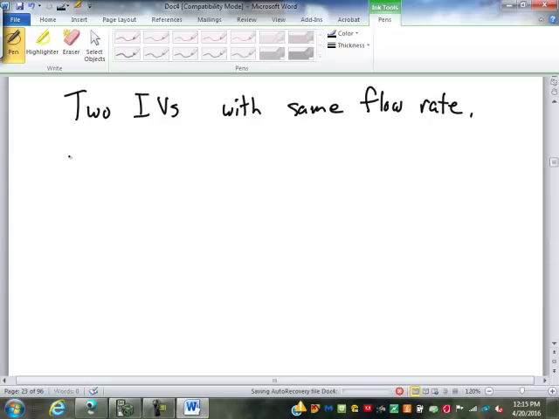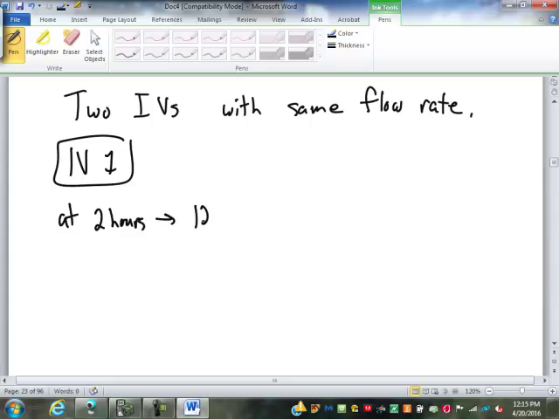So IV1 at 2 hours contained 1,200 milliliters, and at 6 hours contained 1,000 milliliters.